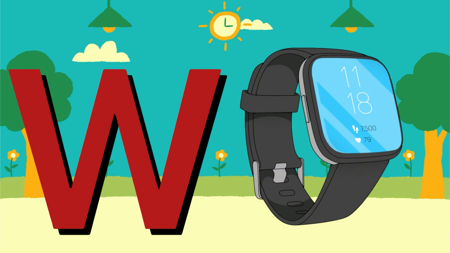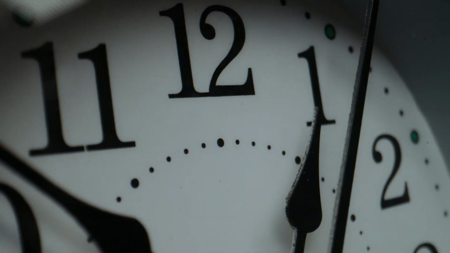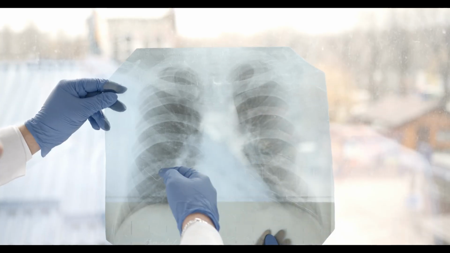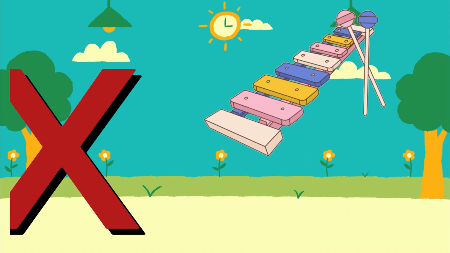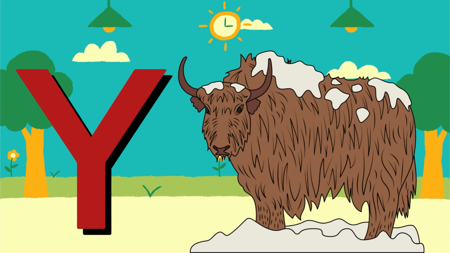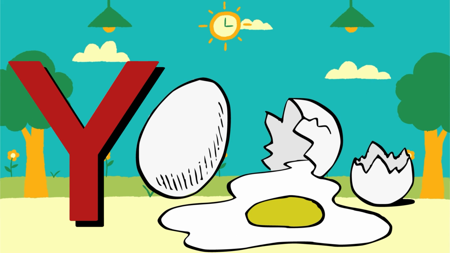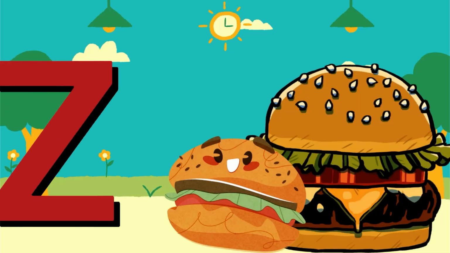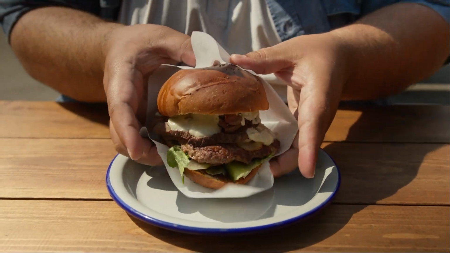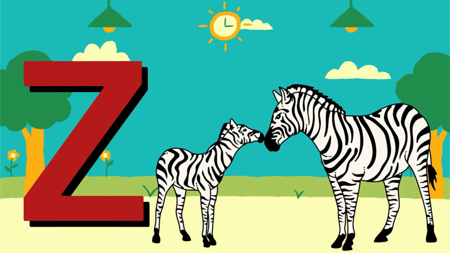W for watch. Y for yolk. Z for zingiber. Z for zebra.